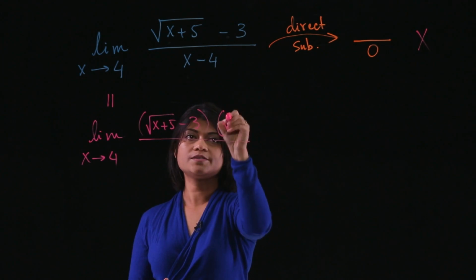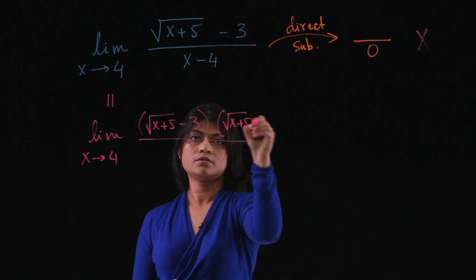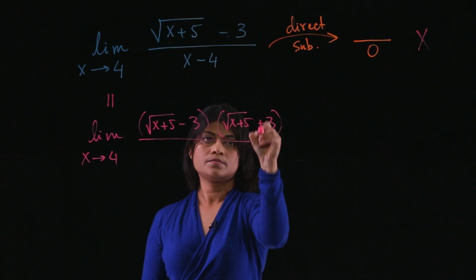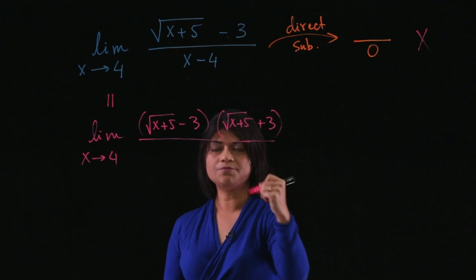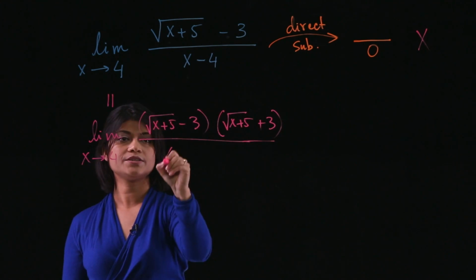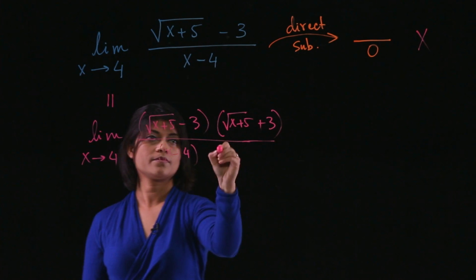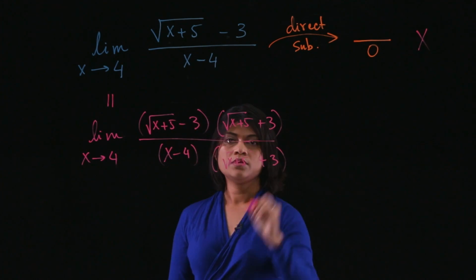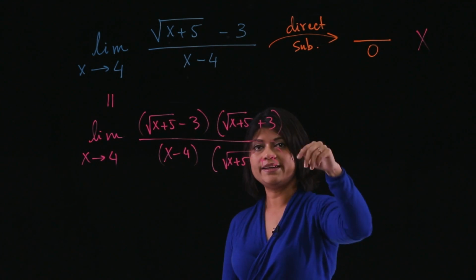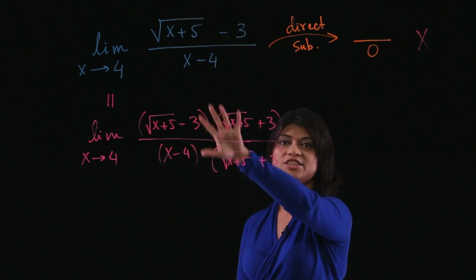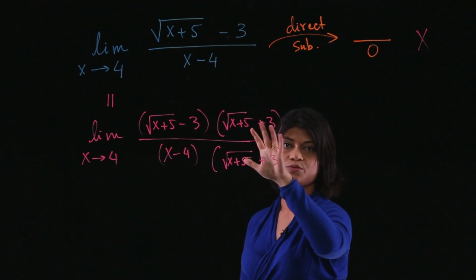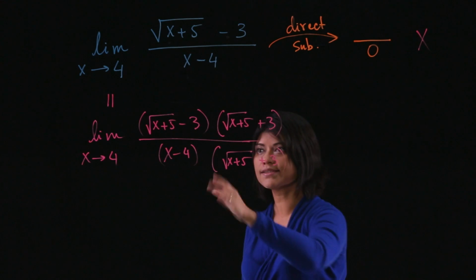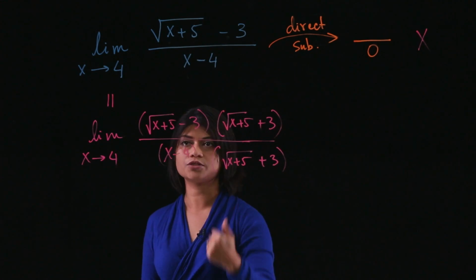So you will multiply and divide by the conjugate. By multiplying and dividing, this new term doesn't change the original function. That's why we're multiplying and dividing: you can cancel and you will still get your original function.